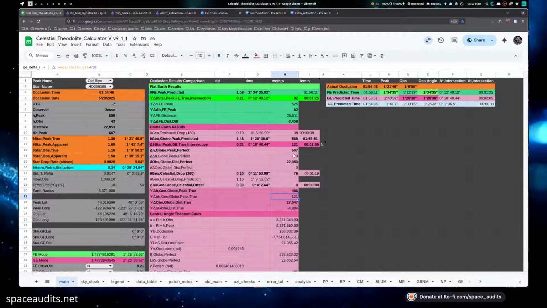And their difference here, they're off by 3 times the Earth curve, which is also 4 times their refractive amount. So the drop over distance for this is 5 arc minutes, which comes out to be 38 meters. So there should be a 38 meter error here, but there's a 20. That's so crazy. So we've concluded the globe Earth only exists within the math, and this is what we're showing to prove it.